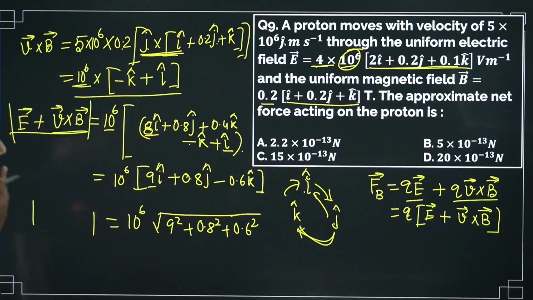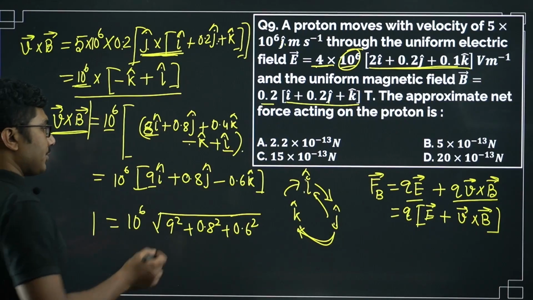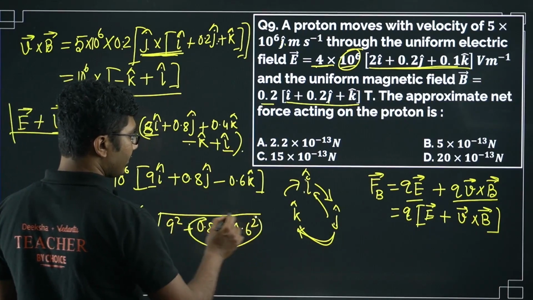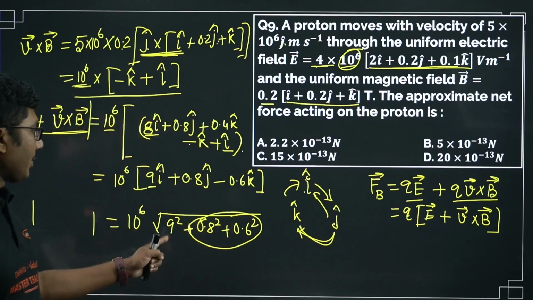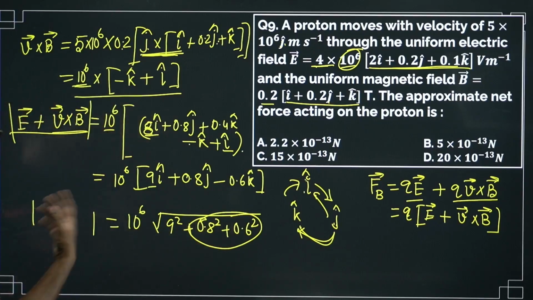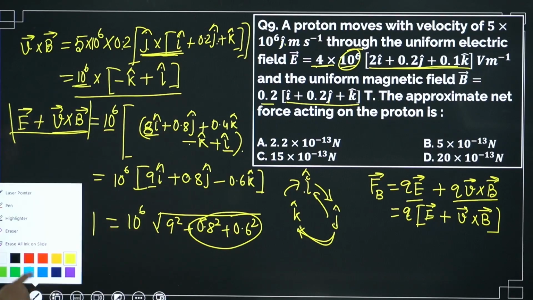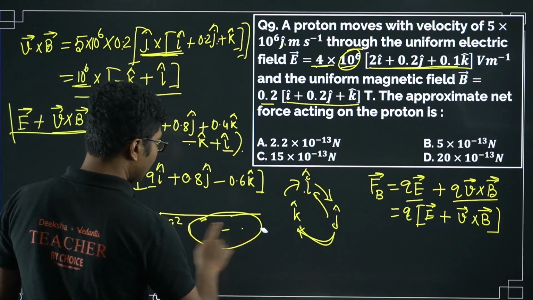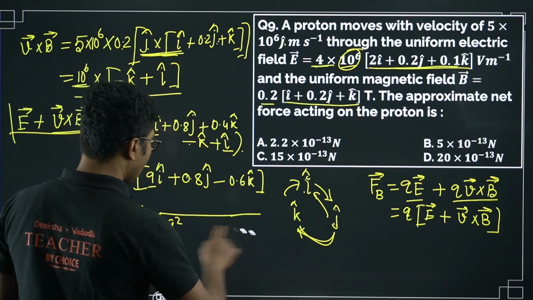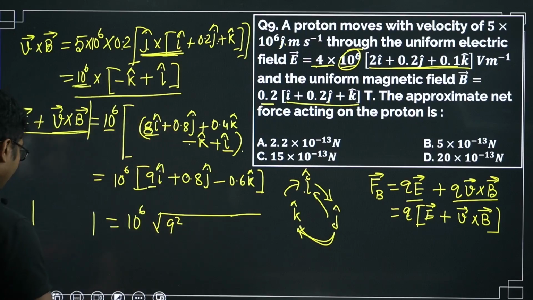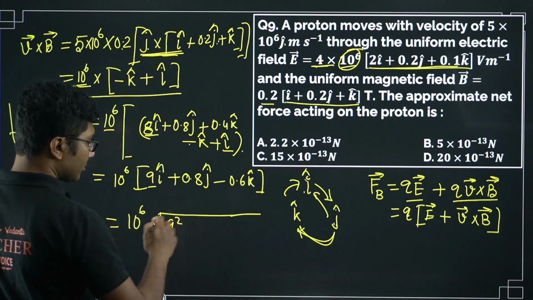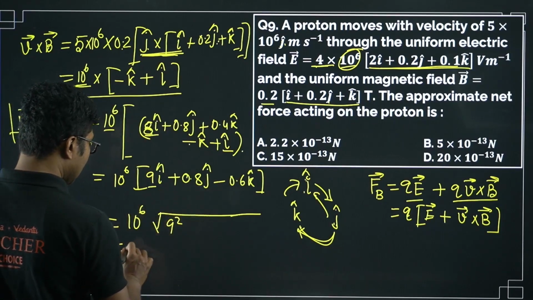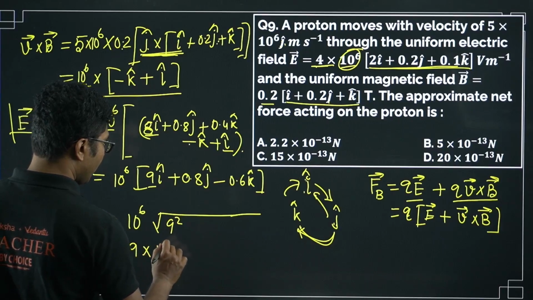Now here we will do an approximation. We will say that these two terms are very, very small compared to this number. So we will ignore it for now. We are trying to find the approximate value, so we will ignore this number completely. So what is the value of 9 square? Square root of 9 square is 9. So this is 9 into 10 to the power of 6.